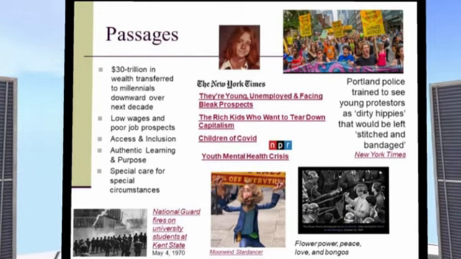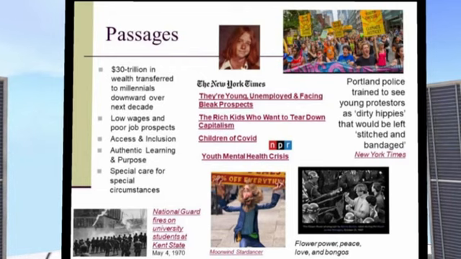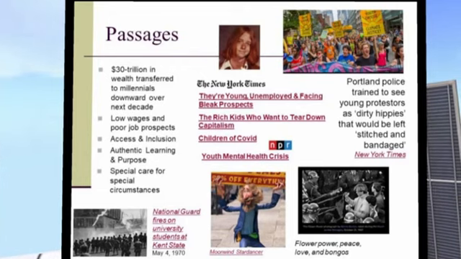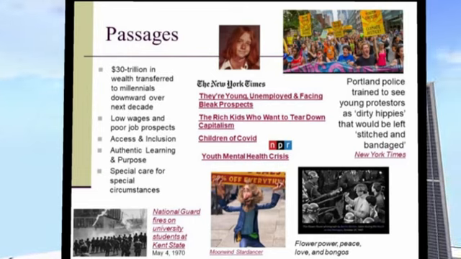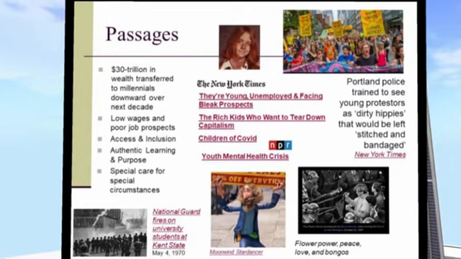Some interesting things about the millennials. Those in the upper economic tiers of millennials are about to inherit some $30 trillion from the retiring and expiring boomers over the next decade. What else are we going to see in them?